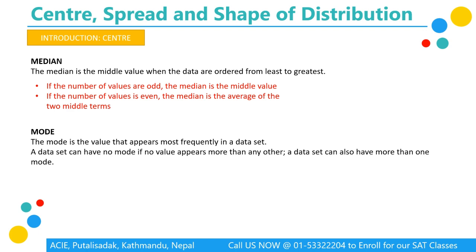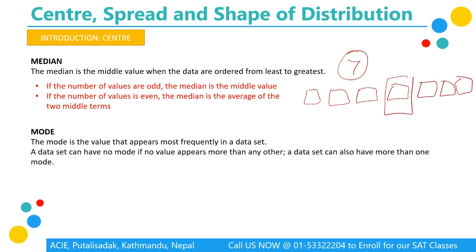Another thing that we have to remember is that median is the middle value. When we are given an odd number of data, for example, 7 data, 1, 2, 3, 4, 5, 6, 7, then the median is definitely going to be the fourth term.